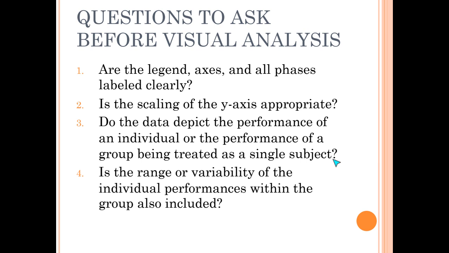Is that also graphed in the group? Most of the time you will just see one person per data path, but it is not uncommon these days that also the performance of a group is being graphed, and then you would want to know within the group what was the variability or the individual performance.